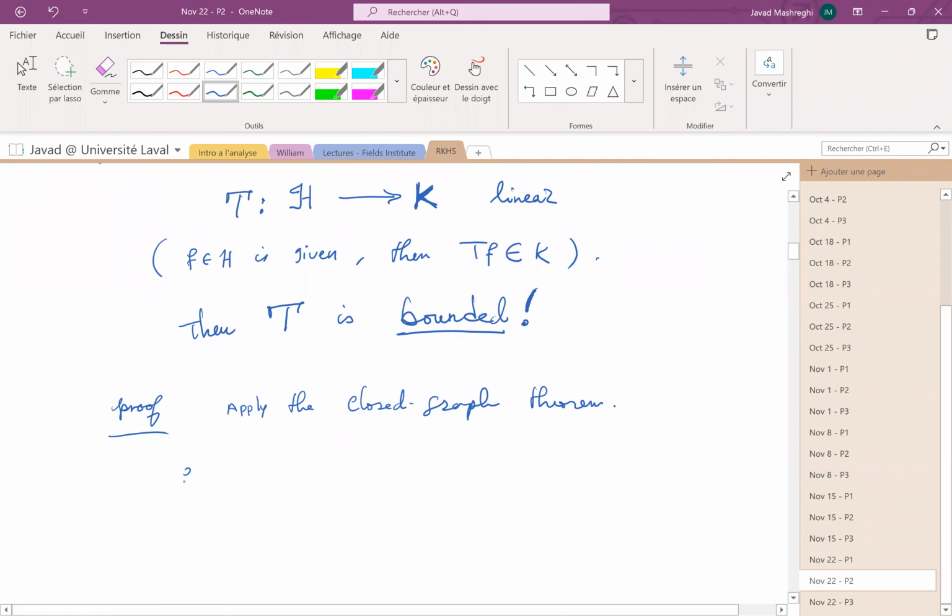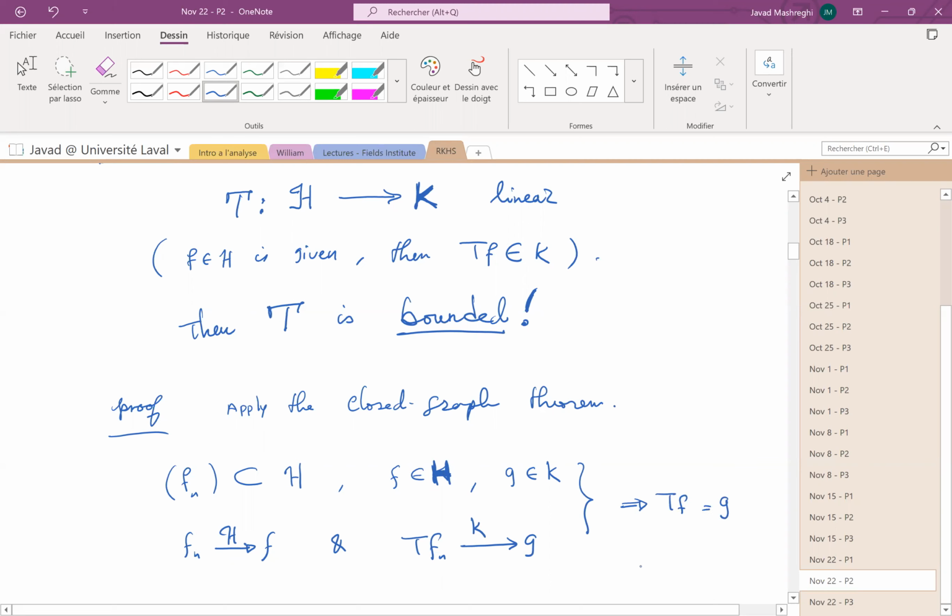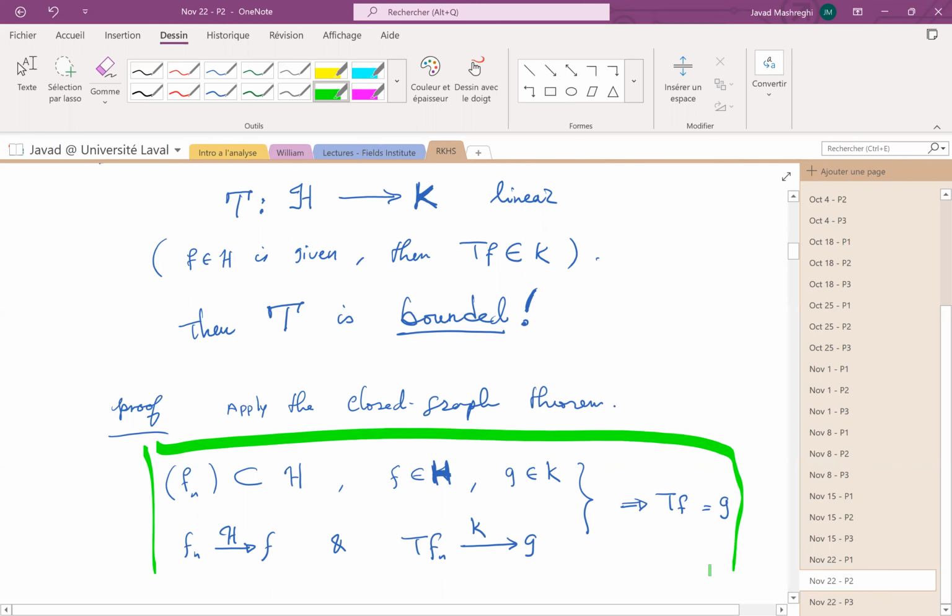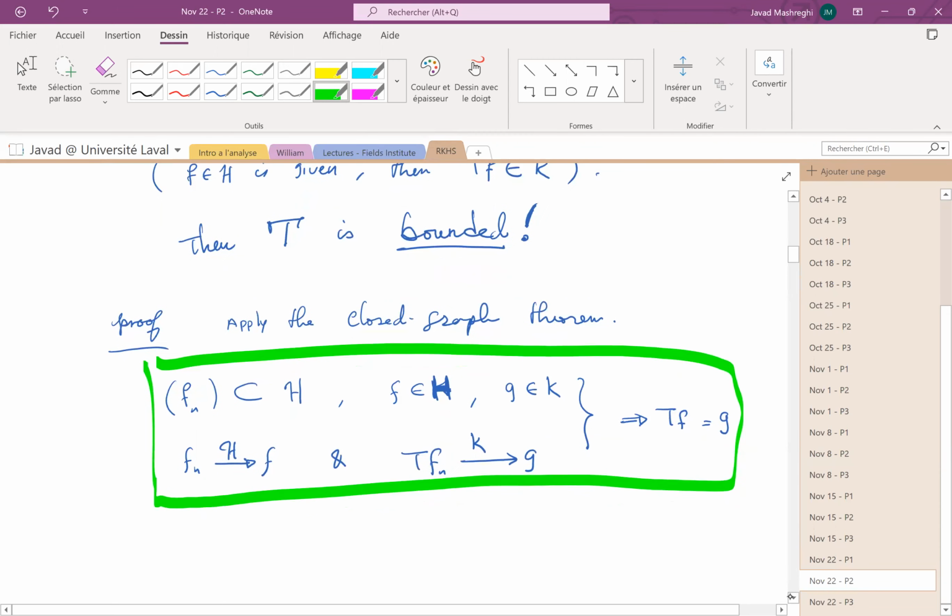It says that if you have a sequence f_n in H, and f is also in H and g is in K, and these are our assumptions: f_n goes to f in H and T f_n goes to g in K. So from this hypothesis, if you can show that T f is equal to g, which means the graph is closed, that's precisely the same thing, but written in mathematical language and more explicitly, then this implies that T is bounded.